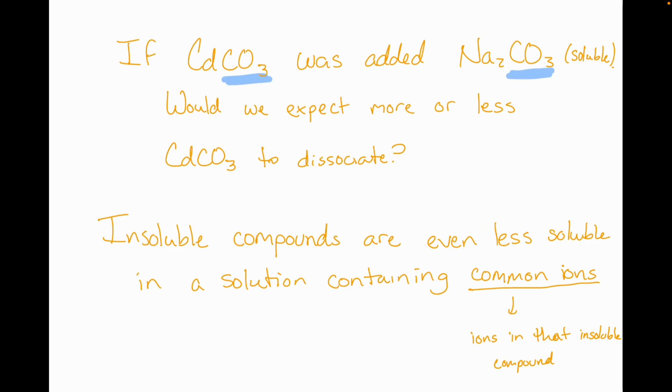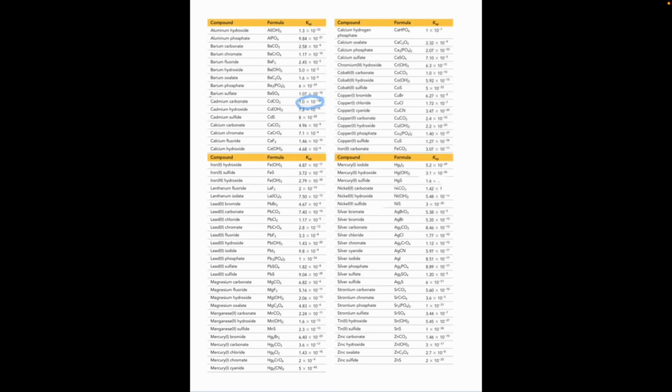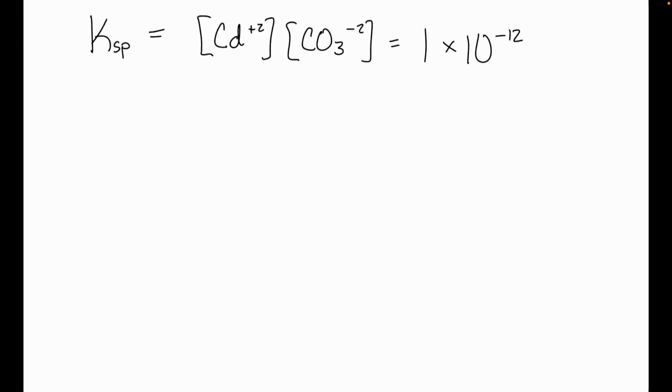Okay? So we can kind of prove this to ourselves quantitatively. We can do another problem where we calculate concentrations and see that indeed we get a much tinier concentration in this common ion solution. So for the sake of practice, let's use this same reaction. We got our KSP of cadmium carbonate, 1.0 times 10 to the negative 12.